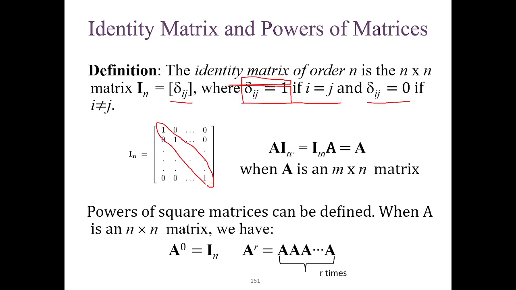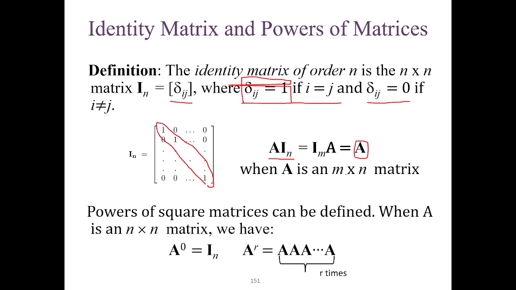We call that the identity matrix because if you multiply the identity matrix with any matrix A, it will become itself. A can be n by n or other dimensions.